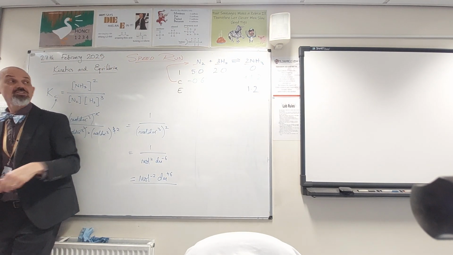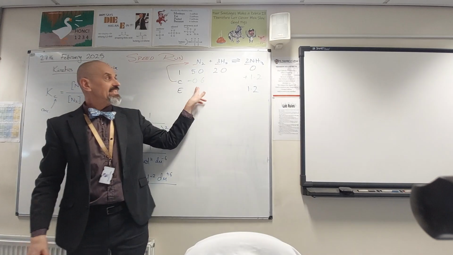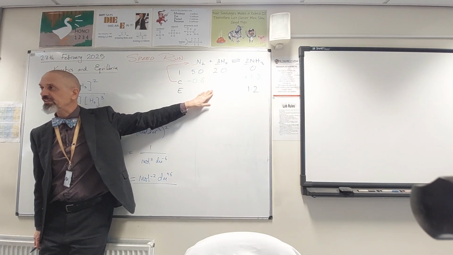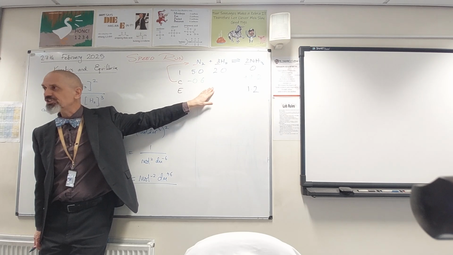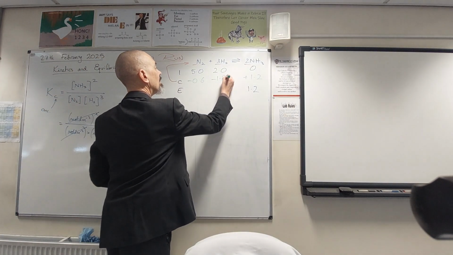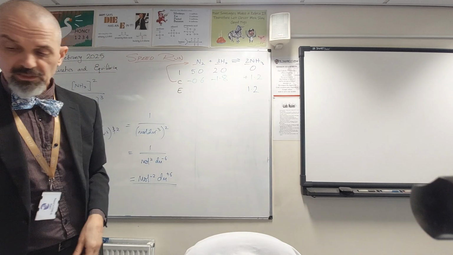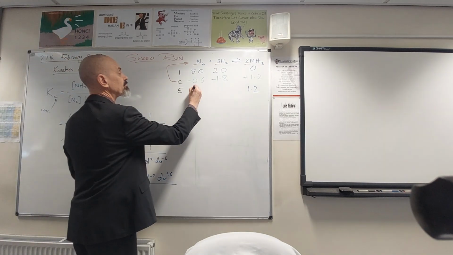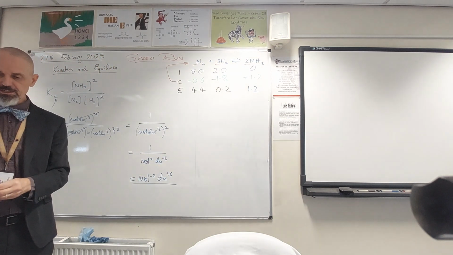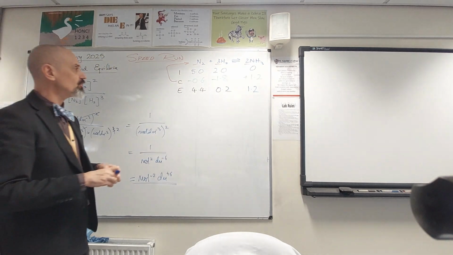So the green numbers, as I'm doing them, have to be in a 1 to 3 to 2 ratio. So H2 must have gone down by 1.8. Perfect. Okay, so now we get our answers there. So I've got 4.4 moles there, 0.2 moles there, and 1.2 moles there.